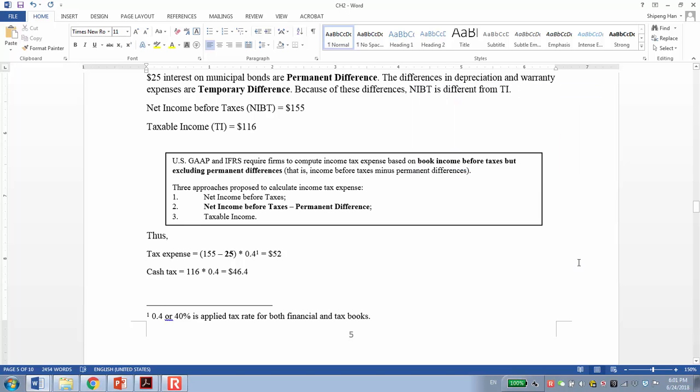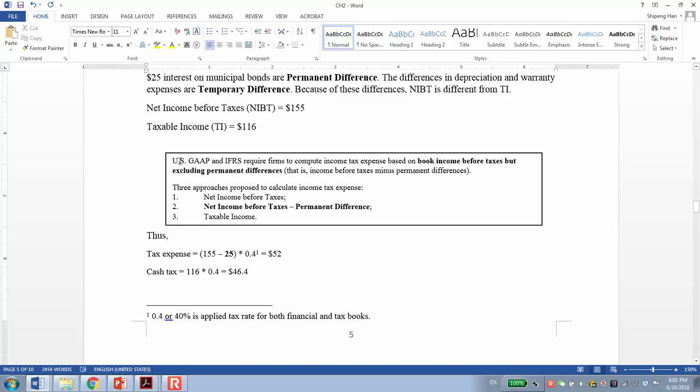In the last video, we learned the difference between financial reporting and tax reporting, which is caused by the permanent and the temporary difference. In this video, I'm going to use a very important tool, the accounting equation, to help you understand the difference more deeply.